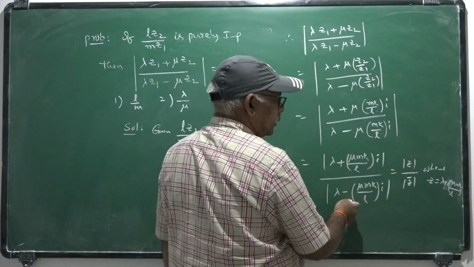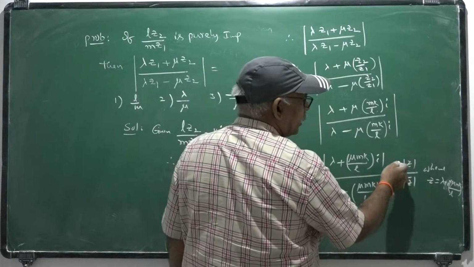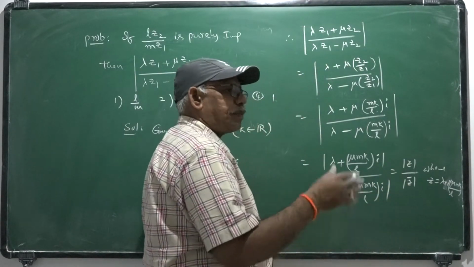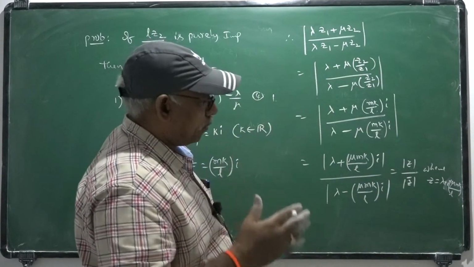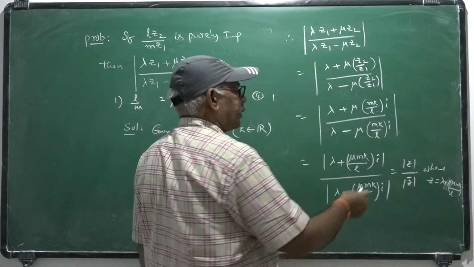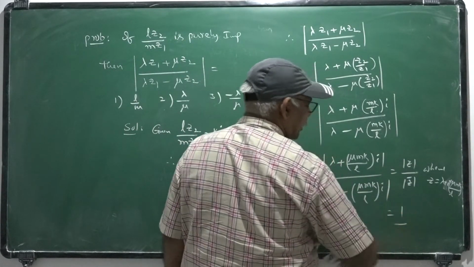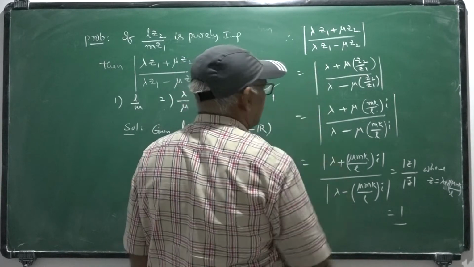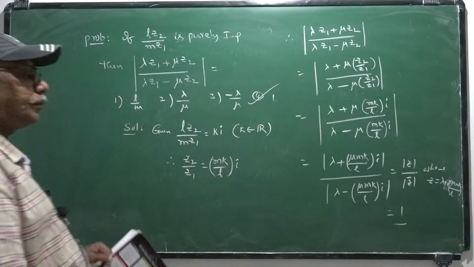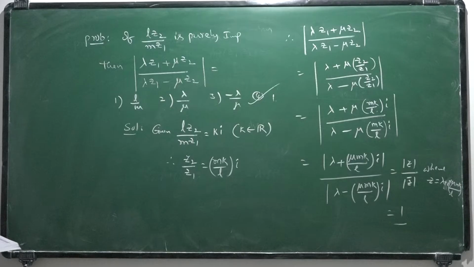Once this is considered as Z, this is its conjugate. The magnitudes, the absolute values, of Z and Z bar are the same. These two are same, hence that is clearly one. Hence, the fourth one is the right option.